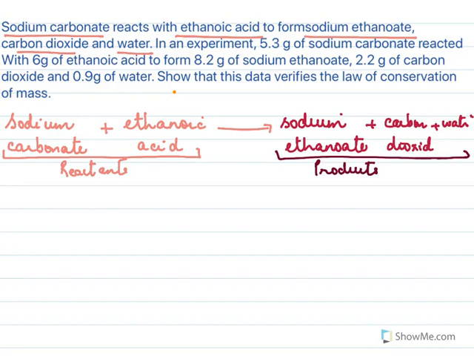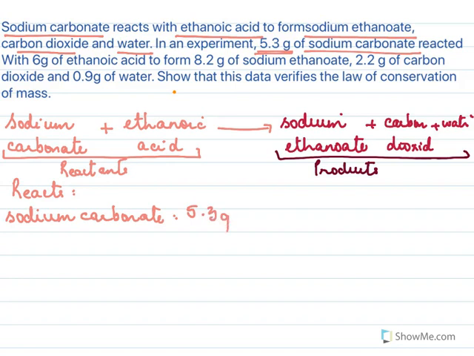Let us find out what is the mass of the reactants. The reactants are, one is sodium carbonate, and if you look up and see, they said 5.3 grams of sodium carbonate. So this is 5.3 gram reacted with 6 gram of ethanoic acid to form 8.2 gram of sodium ethanoate.